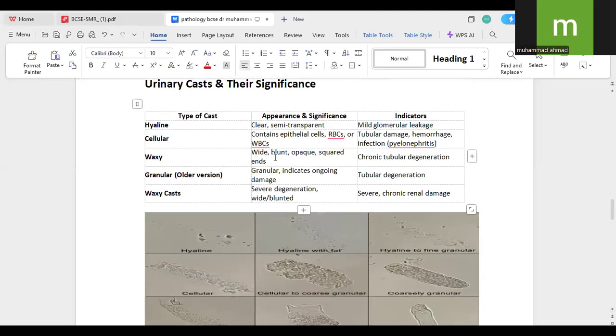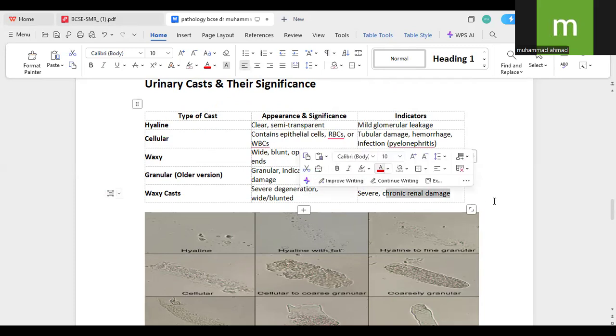Waxy, broad, blunt, opaque, and square ends: chronic tubular degeneration. Granular indicates ongoing tubular degeneration. Waxy cast, severe degeneration, wide, blunted, severe chronic renal damage. In chronic renal failure, you can see the waxy cast.